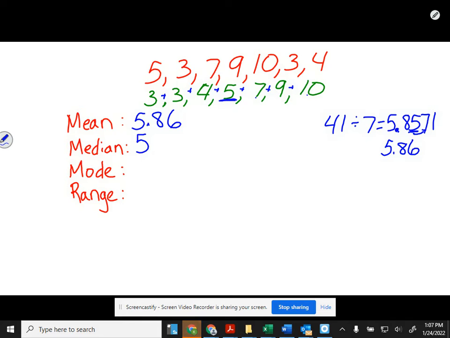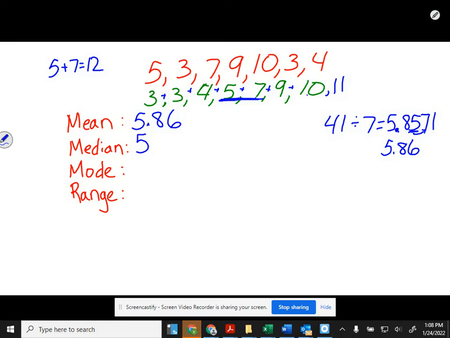What if I put another number on? Now all of a sudden my middle isn't so easy because I have 2 numbers in the middle. Do I put 5 and 7 for my median? What do I do, Molly? You add up 5 and 7 and divide it by 2. I'm going to find the mean of 5 and 7.